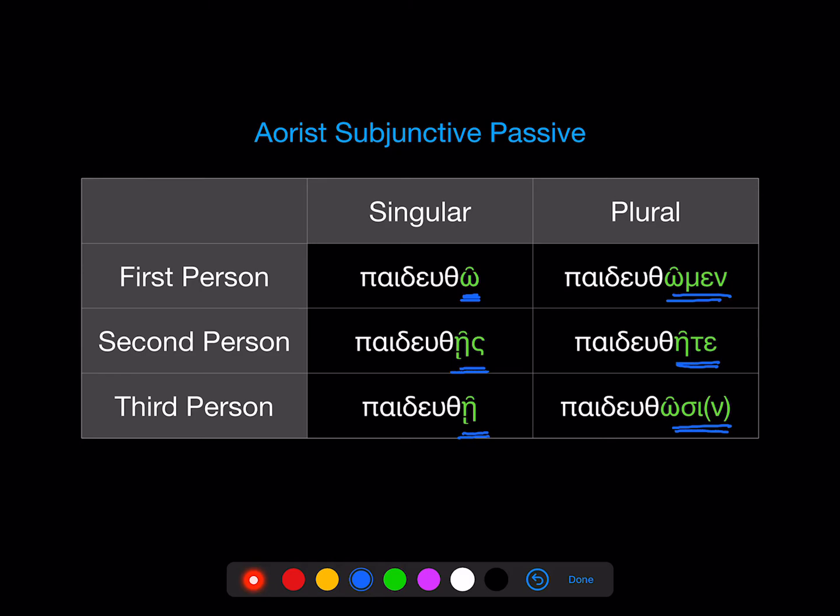In the aorist participles passive, we use active looking endings. So in the aorist subjunctive passive, we're using the sixth principal part plus active looking endings, but always with a circumflex over where the theme vowel is. Okay?